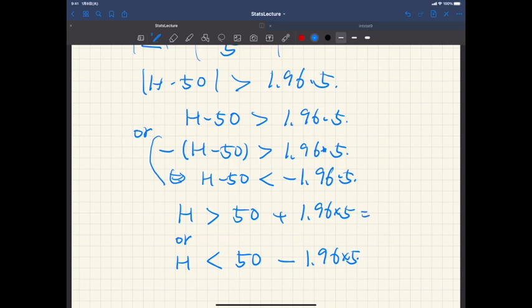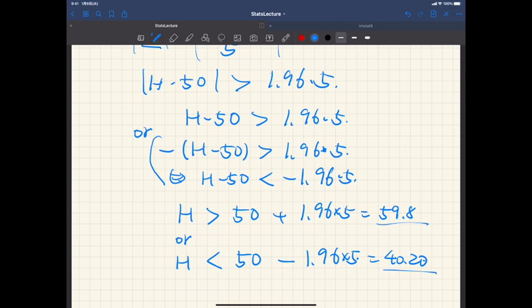That's 59.8 and this is 40.2. So if you get a number of heads either greater than 60 or less than 40, then we would say, with a 5% significance level, we reject our hypothesis that the coin is unbiased.